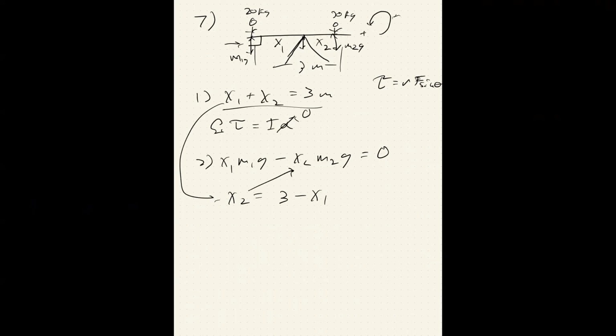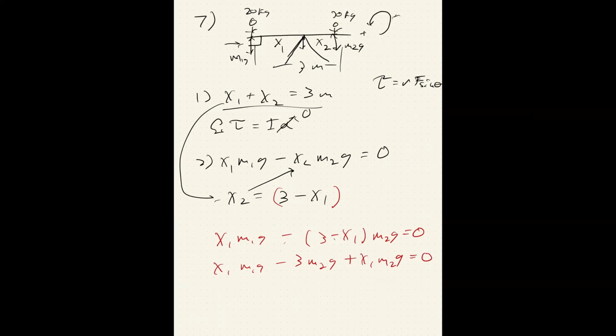I'm going to take that and substitute it back into that equation. So I will have then x1 m1g minus, now this whole thing has got to be put in there, so I'll get 3 minus x1 m2g equals 0. Now we have some fancier math. So we'll have x1 m1g minus 3 m2g plus x1 m2g equals 0, because remember, a minus and a minus become a plus.